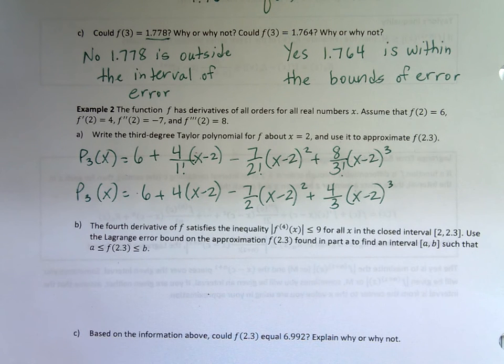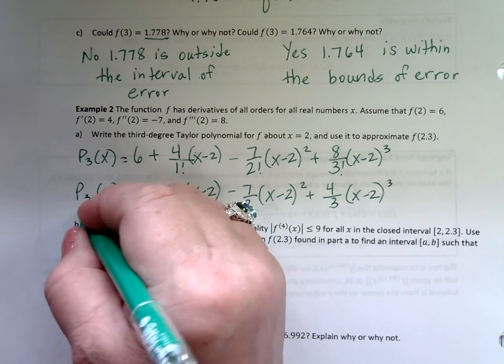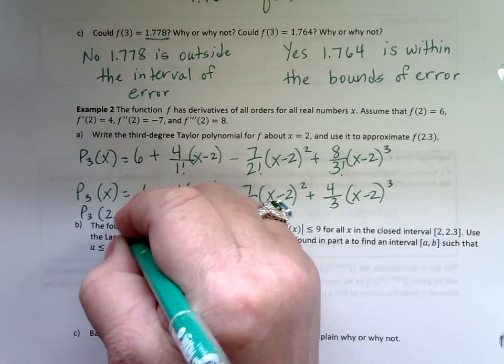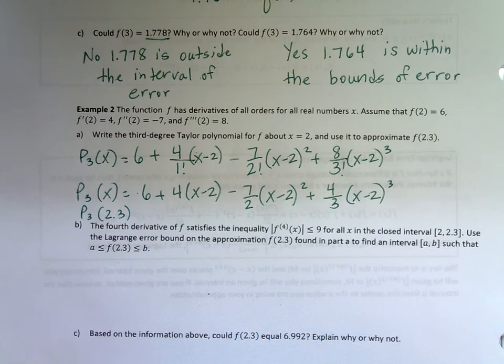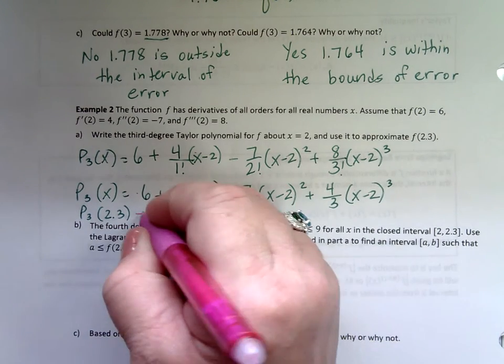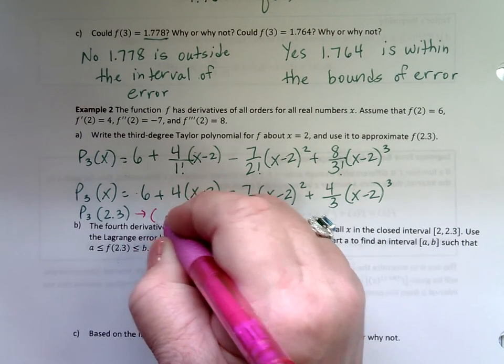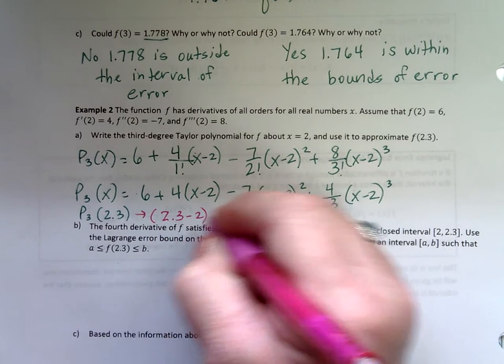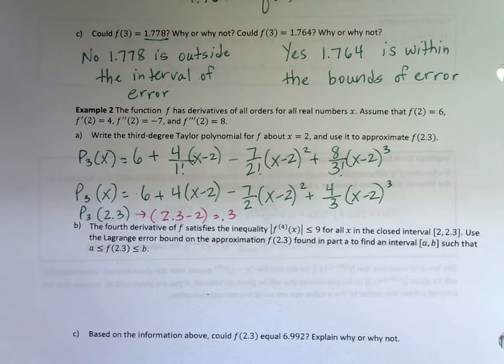I shouldn't have written so big, because now I need to know what it is at P sub 3 of 2.3. Well, think about your parentheses. I'm going to change my color for just a second. Think about your parentheses. Each of your sets of parentheses is going to be 2.3 minus 2, or 0.3 in the end. So each of your sets of parentheses is going to turn into a 0.3.